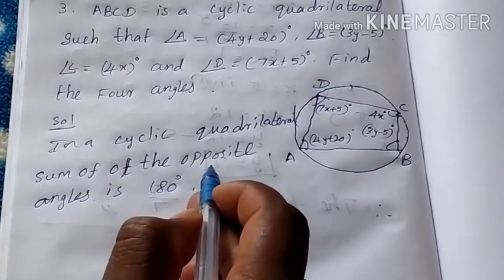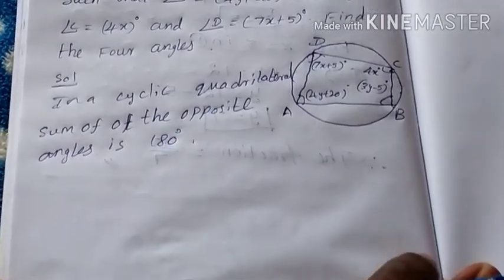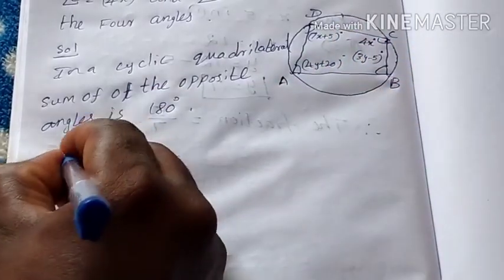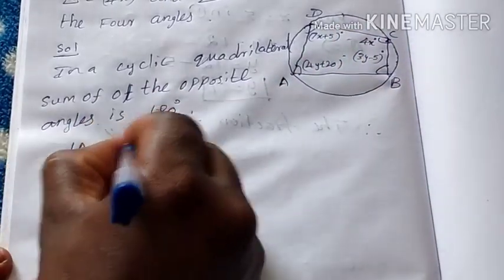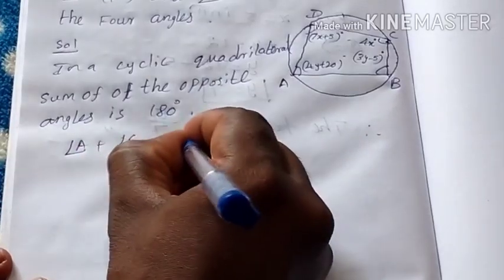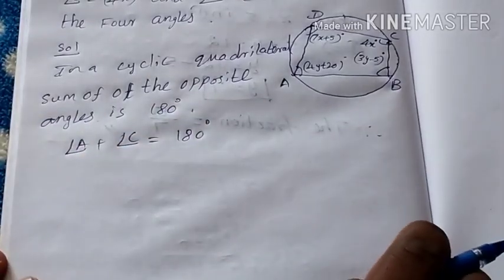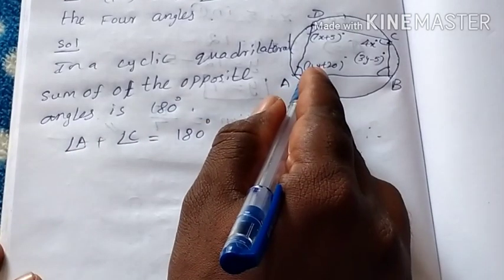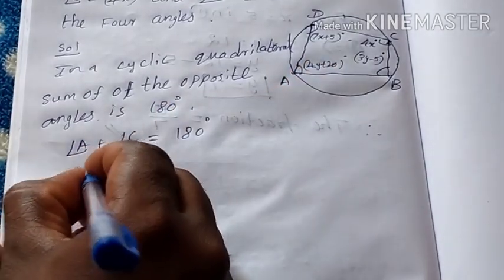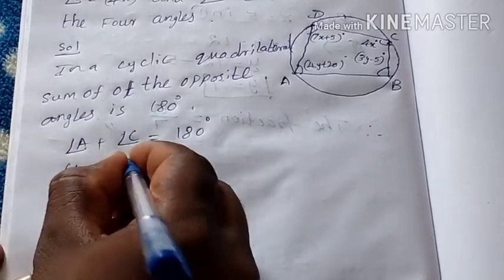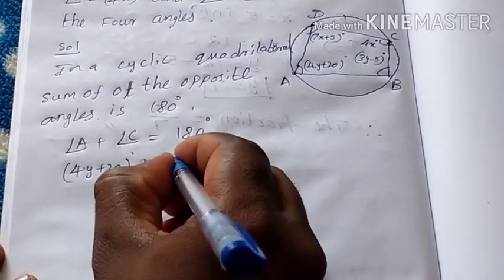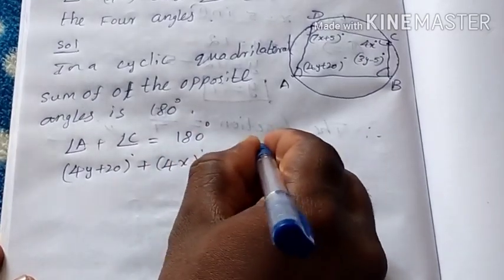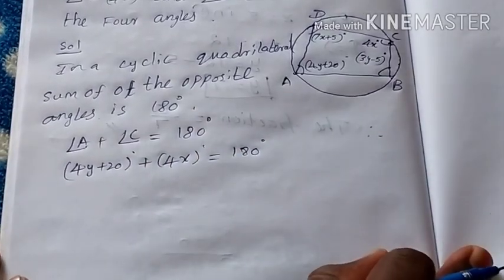Sum of the opposite angle is 180 degree. That means sum of the opposite angles, angle A plus angle C equal to 180 degree. This is your general properties. Therefore angle A is equal to 4y plus 20 degree plus angle C is equal to 4x degree equal to 180 degree. Okay, have you understood?